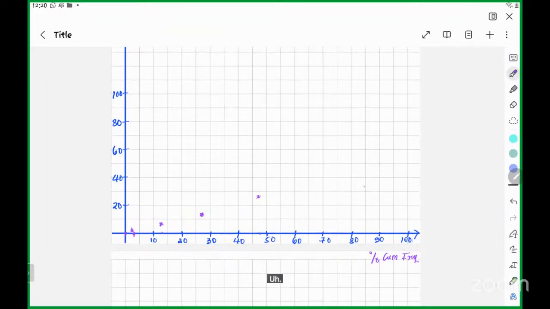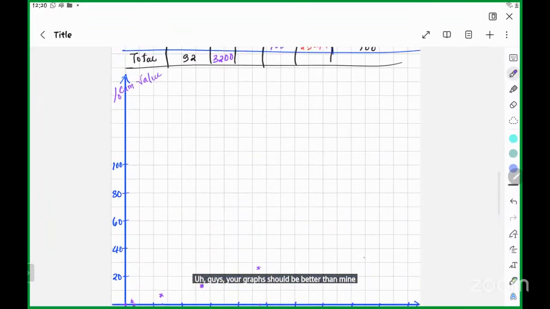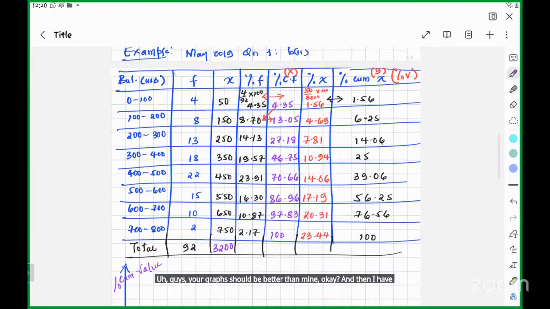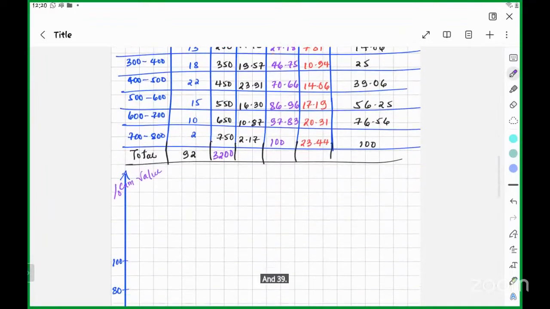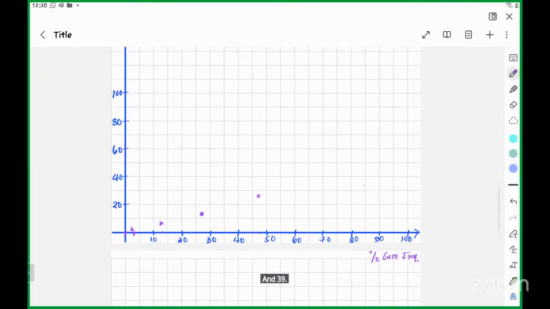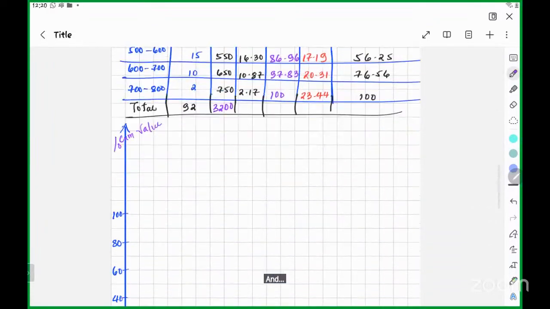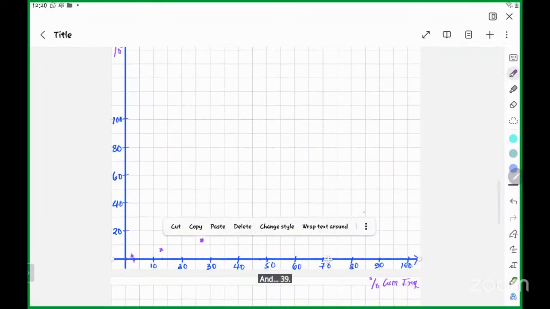Guys, your graphs should be better than mine. And then I have 70.66 and 39. 70.66 and 39. Maybe I can put it here.